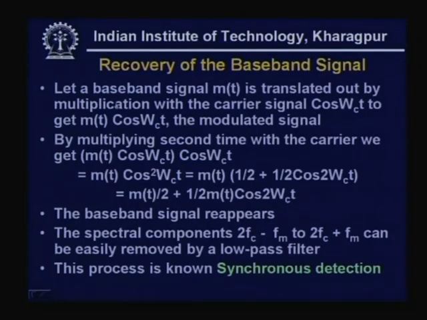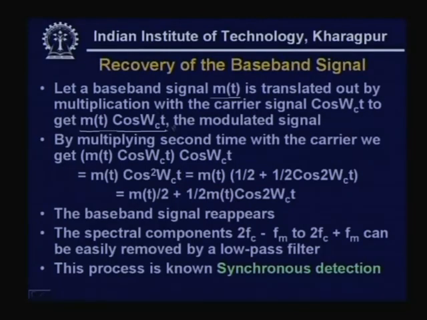As you can see, let the baseband signal be m(t), and after multiplication with the carrier, the signal gets converted to m(t) cos ωct, where ωc is 2π fc t. So, m(t) cos ωct is the modulated signal that is being transmitted.